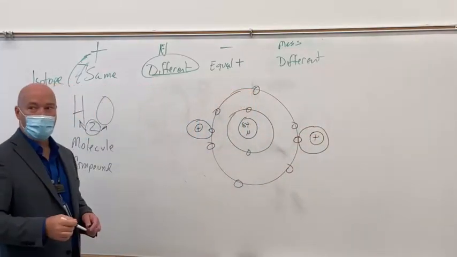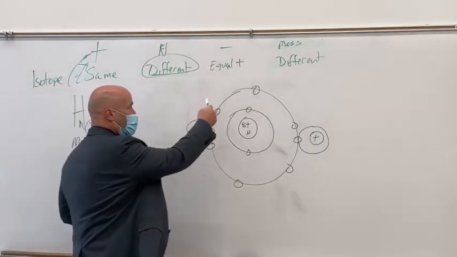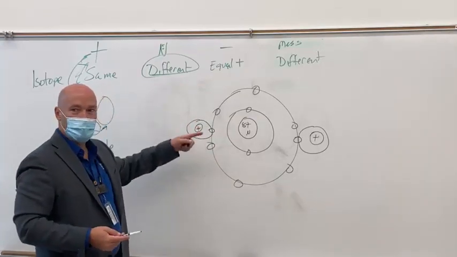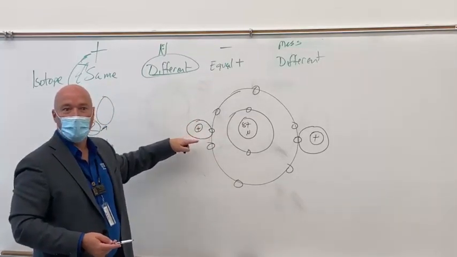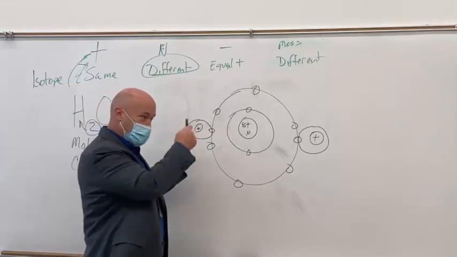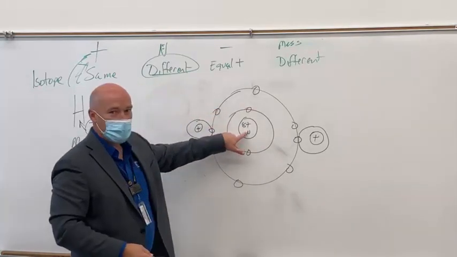And if they can combine and share all of the electrons, and all of these rotate around this nucleus, how many electrons effectively does this nucleus have? 8.